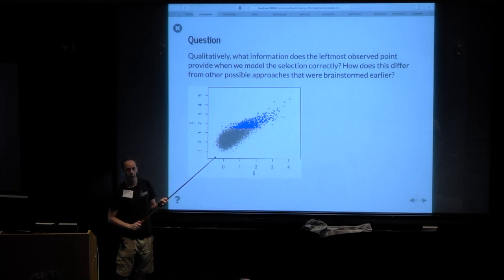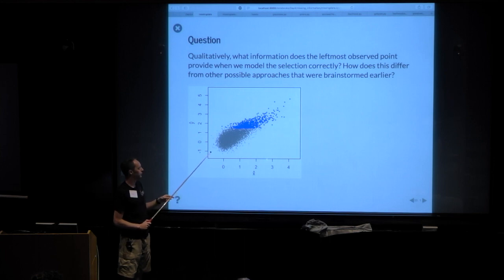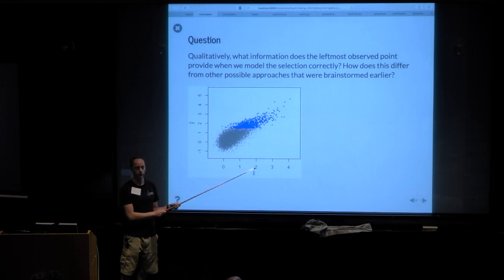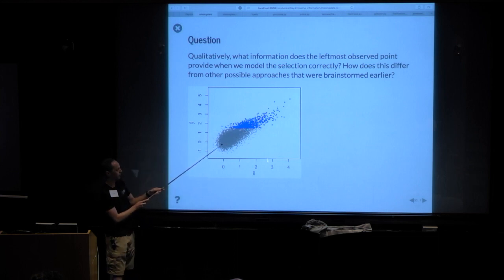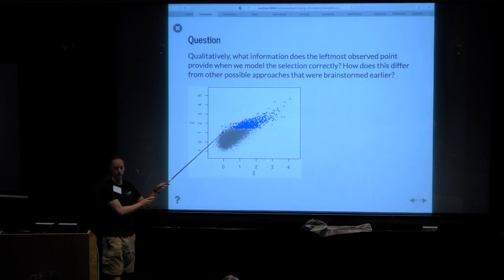But if our model also includes roughly the shape of the distribution as a function of X and the total number, then we would know, for example, let's say we're looking at something near the true model, the average value of Y for these things is way down here, but there's 10 to the 4 of them. And so one of them scattering X sigma away from the line and being detected, that is information.